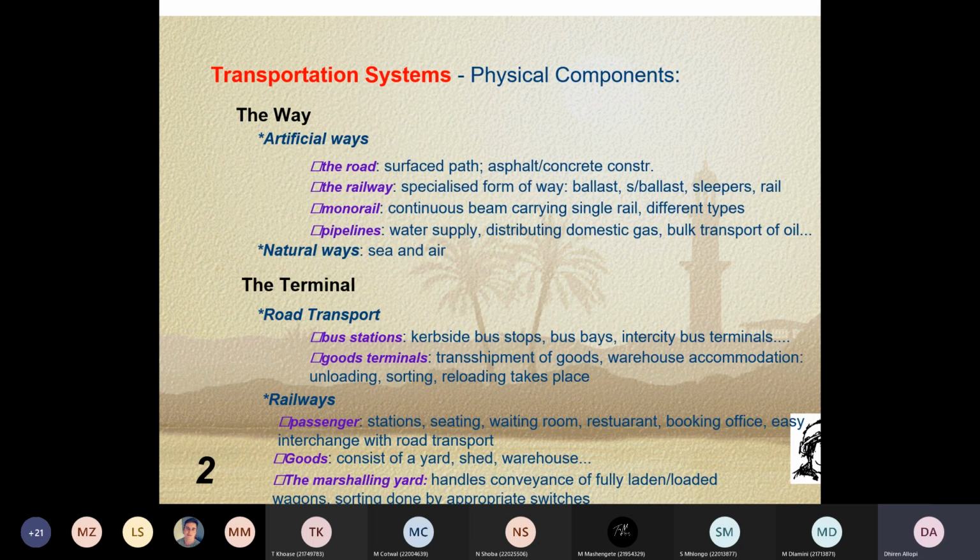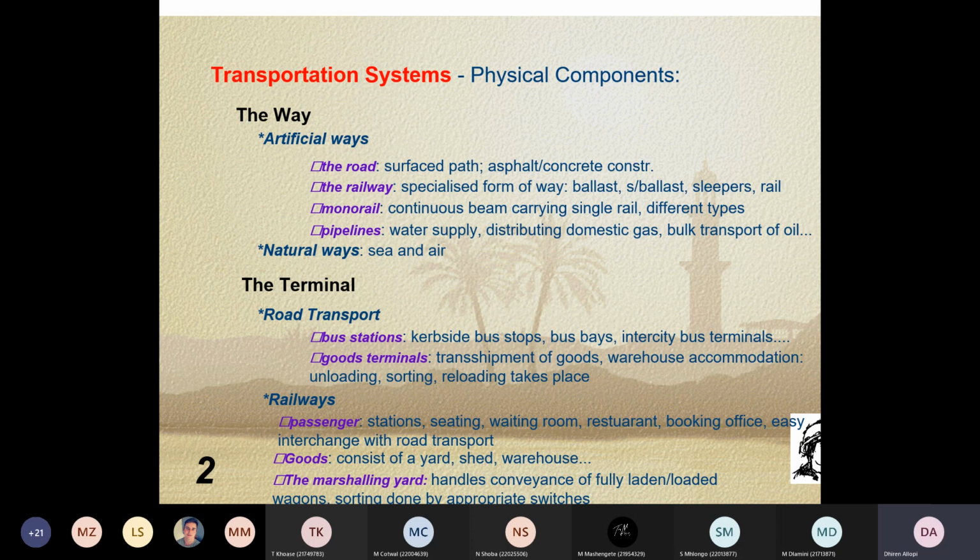So when we look at the transportation systems, and I did say that some of the terminologies I spoke about earlier in terms of way and way link and so forth, we will highlight them again, and you can see the physical components of a transportation system here highlighted for you right from the way. When we talk in terms of the way, what do we mean?